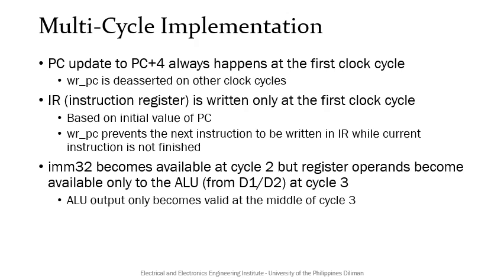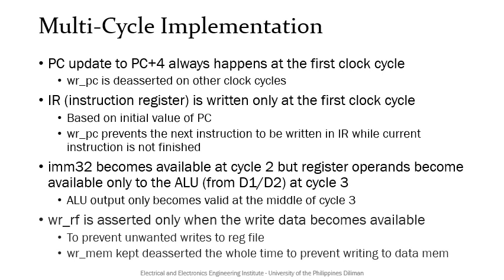The sign extended immediate 32 becomes available at cycle 2, but the register operands become available to the ALU from D1 and D2 only at cycle 3. Since the ALU will have to wait for all inputs to be valid, the ALU output only becomes valid at the middle of the third clock cycle. The write RF is asserted only when the write data becomes available at clock cycle 4.